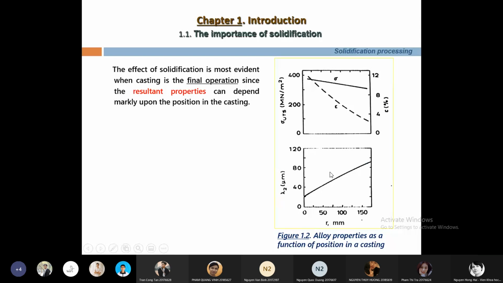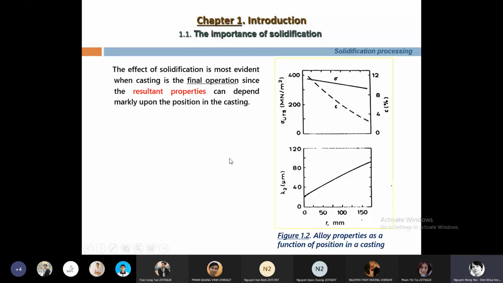And if the microstructure becomes coarser, the mechanical properties decrease. The coarser the microstructure, the lower the mechanical properties, the ultimate strength and elongation also. All of them decrease. See? The reason is that the microstructure becomes coarser.